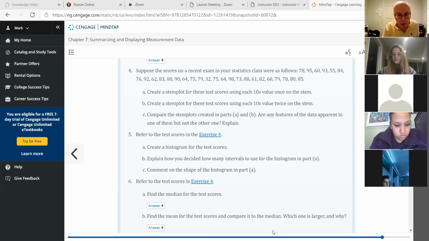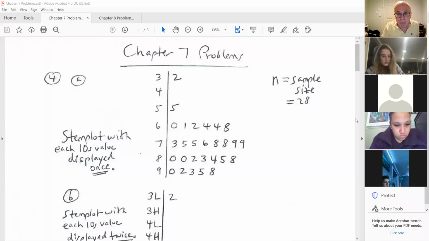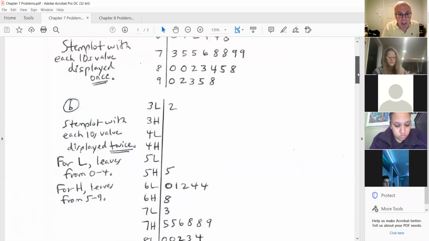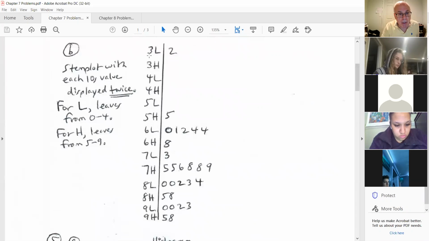Let's look at the solution for that, and this is what it means. Basically, you could create a stem plot that looks like this, where you repeat the same stem twice, but you have a lower stem and a higher stem value.